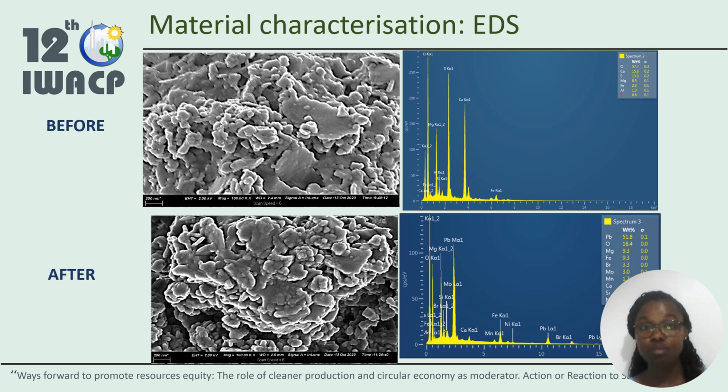This can be supported by the XRD showing high percent composition of gypsum. The presence of magnesium, iron, aluminium, and silicon is likely due to the occurrence of brucite and tremolite in the material. The presence of lead in the spectrum post-adsorption confirms the fate of the lead in the aqueous solution.